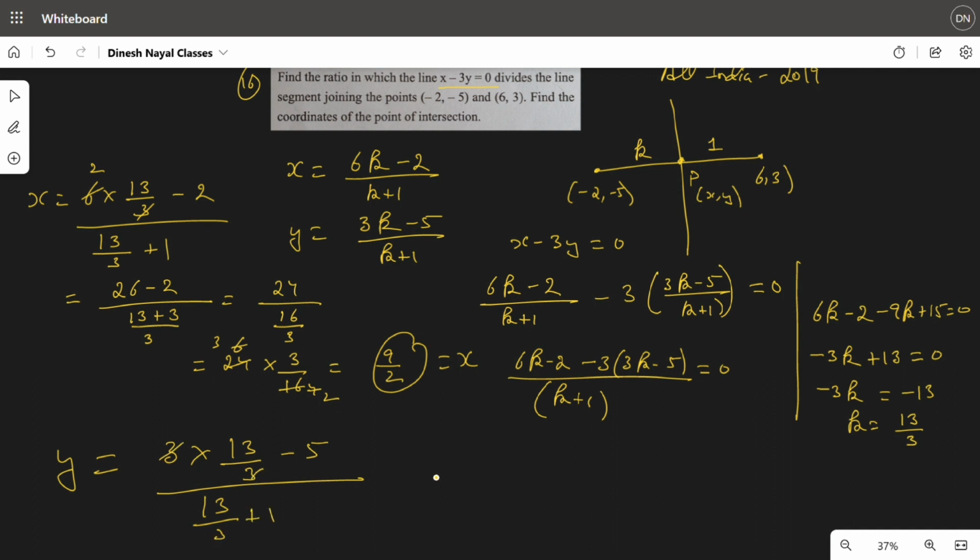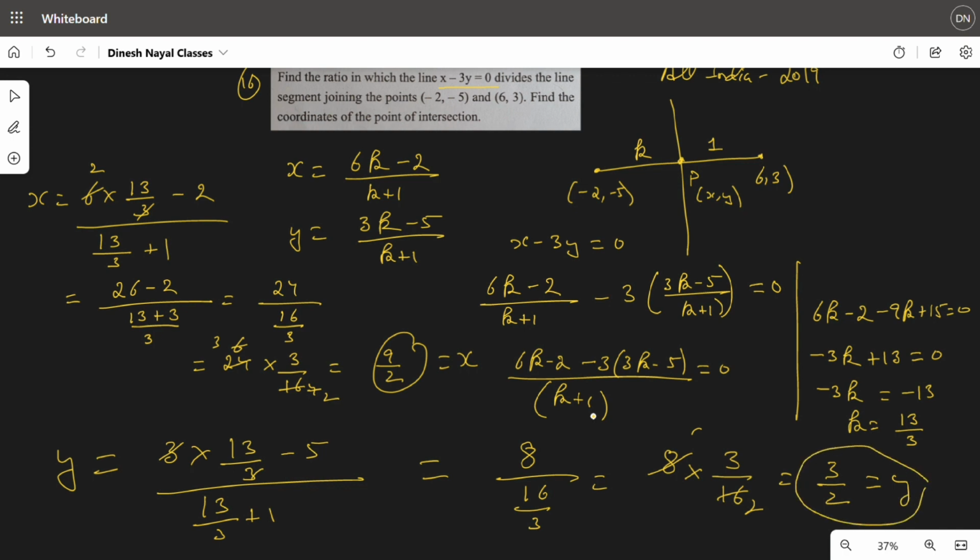The 3 will get cancelled, and 13 minus 5 is actually 8. We have already solved 13 by 3 plus 1, which was 16 by 3, so I'm directly writing 16 by 3 without wasting time. So that will be 8, again reciprocated into 3 by 16. This directly goes 2 times, so this is 3 by 2. So this is the y coordinate.